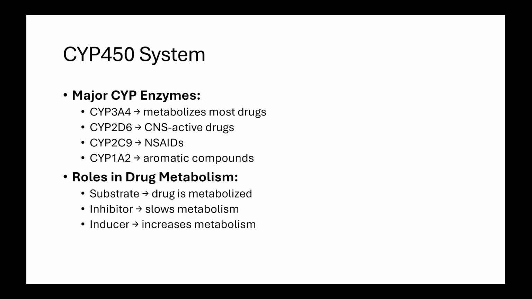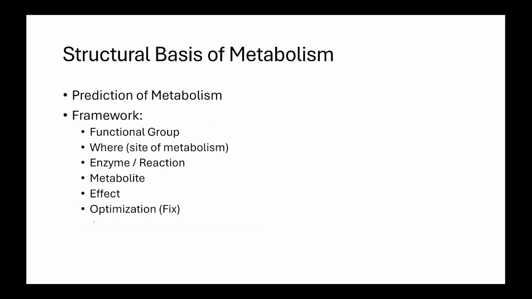This is the metabolizer of most drugs. CYP2D6 for our CNS active drugs. CYP2C9 for our NSAIDs, and CYP1A2 for our aromatic compounds. So later, I will discuss the roles in drug metabolism when we talk about our drug-drug interactions.